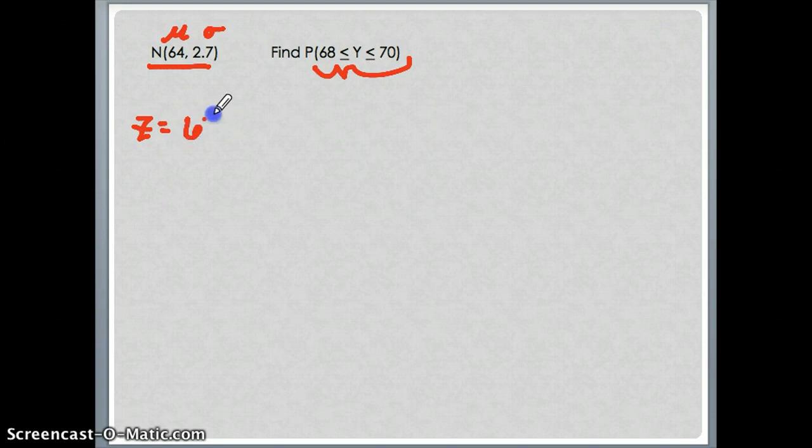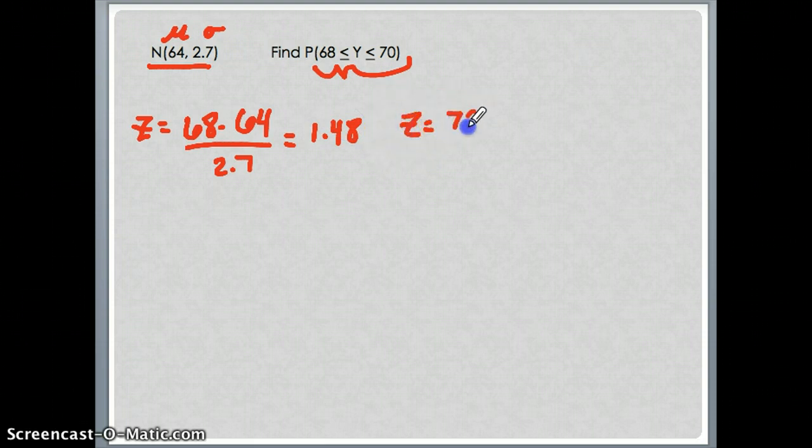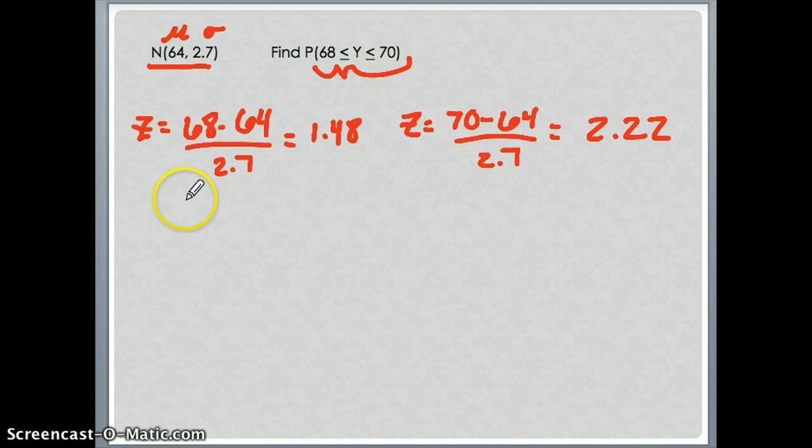So to find the z-scores, we're going to take our actual value or observed value and subtract the mean and divide by our standard deviation. So we have a z-score of 1.48 for the 68 inches, and for the 70 inches over our standard deviation, we're going to have a z-score of 2.22.